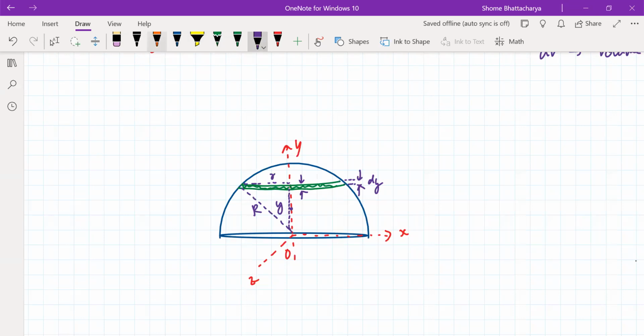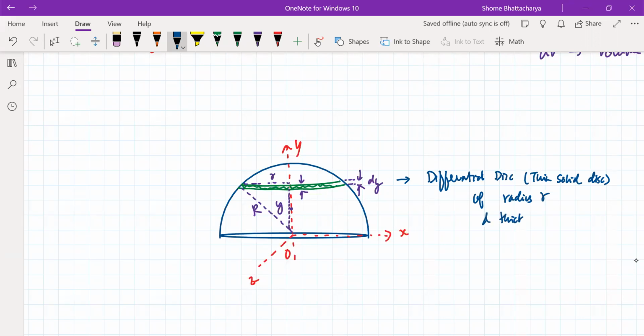So we are considering a differential disk. It's a thin solid disk of radius small r and thickness dy.